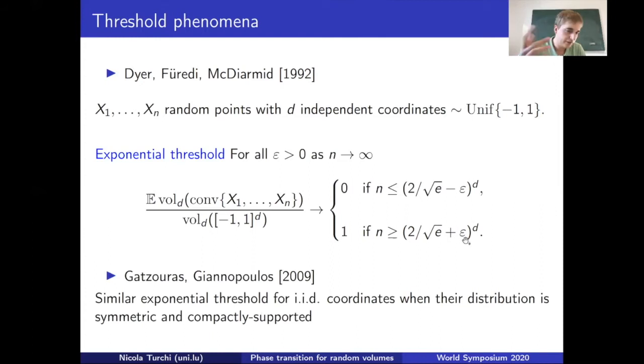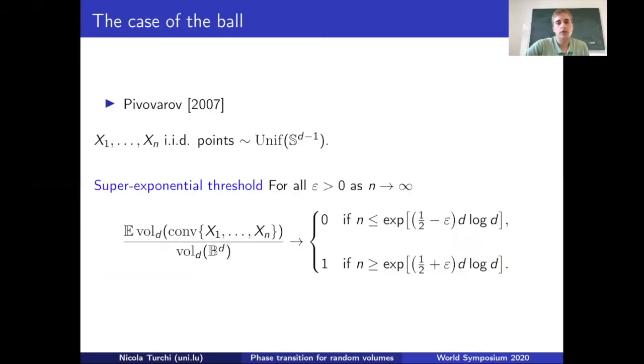And this has been generalized in several ways by Dyer, Füredi, McDiarmid himself, but also by Gatzouras and Giannopoulos in similar fashion, but always with IID coordinates, and you keep getting this exponential threshold. Things change a lot if instead of getting IID coordinates, you pick the points, for example, uniformly inside the Euclidean ball.